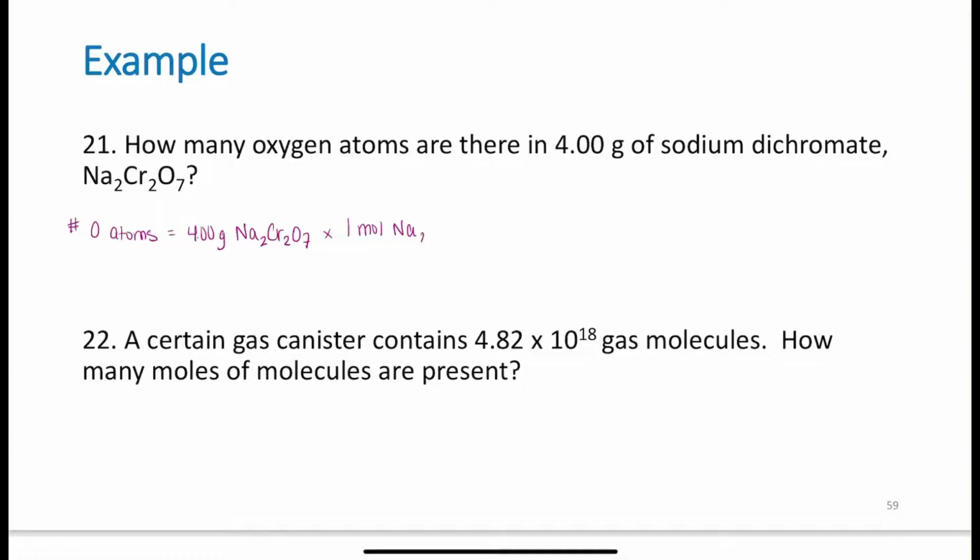One mole of sodium dichromate weighs 262.0 grams per mole. I know, based on this formula, I have 7 oxygens for every 1 compound.